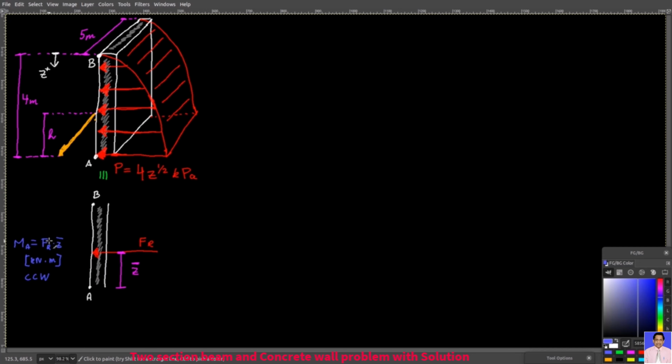And so this moment can cause this wall to tip over. To counter that, a bracing strut is placed, this orange one, such that one of its sides would go through the line of Fr in order to neutralize this moment.